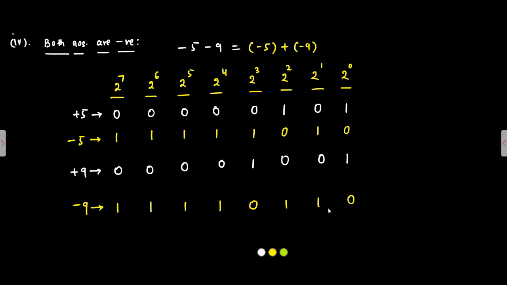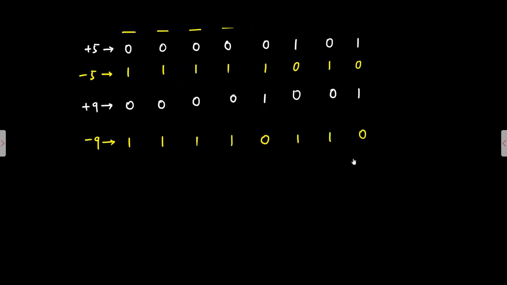Okay, so now we'll perform the arithmetic operation. So minus 5 is 5 1's, then 0, then 1, then 0, and minus 9 is 4 1's, 0, double 1, 0.